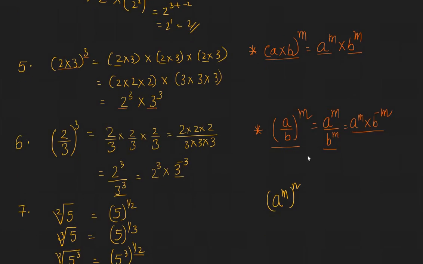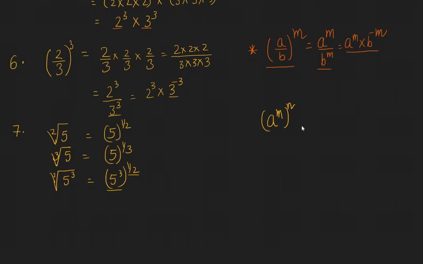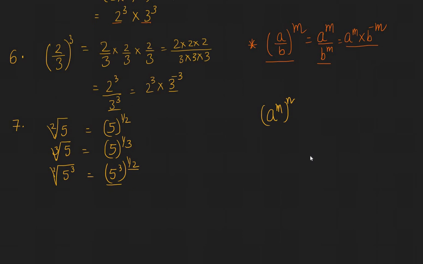So if you have a power m the whole power n, how do you deal with this? Let's say you have 2 square the whole cube. This is nothing but 2 square into 2 square into 2 square, 3 times: 1, 2, 3.